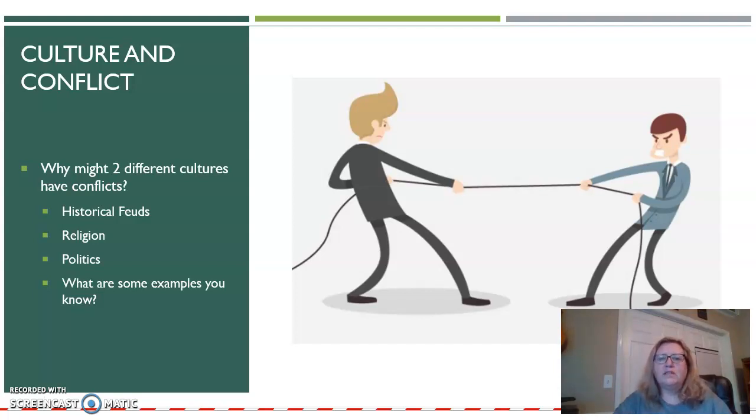If you have one country that is a democratic nation, like South Korea, and then you have one country that is under a communist dictatorship like North Korea, there's definitely going to be a conflict there between the politics. So be thinking about conflicts that arise between different types of cultures just because they're different.